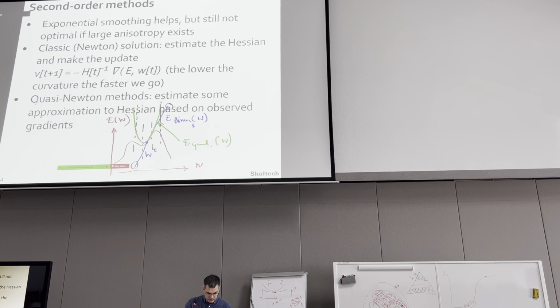And this Newton approach says that if we have a quadratic problem, we actually know the exact solution. With a quadratic function, we know the exact point of the minimum. Basically, we would write the update in the following way.